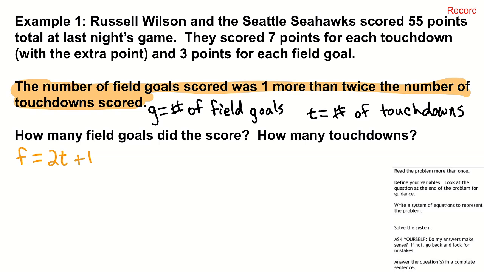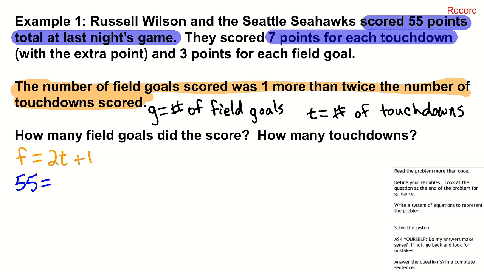All right. Next one. They scored 55 points total at last night's game. So on that one, the total often means equals. So 55 is the total number of points. They scored 7 points for each touchdown. So that means 7 times the number of touchdowns.